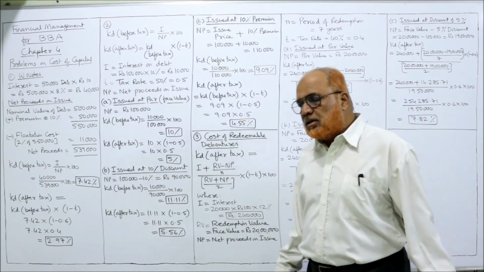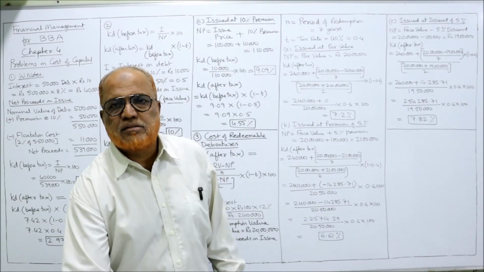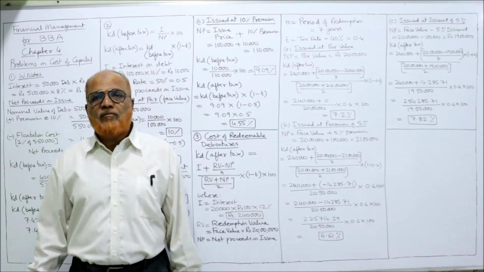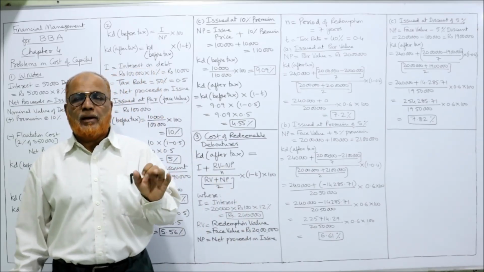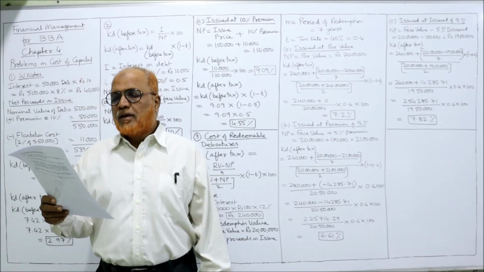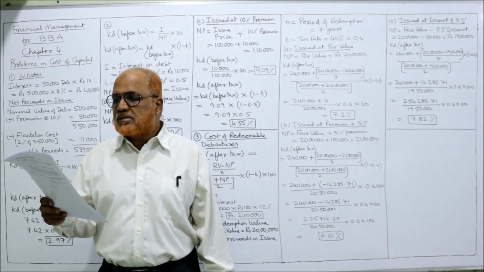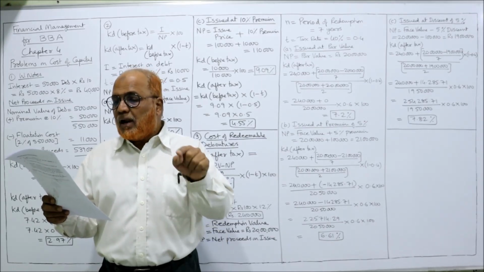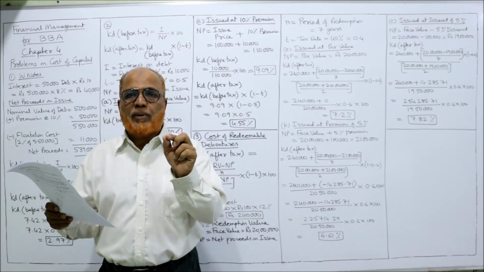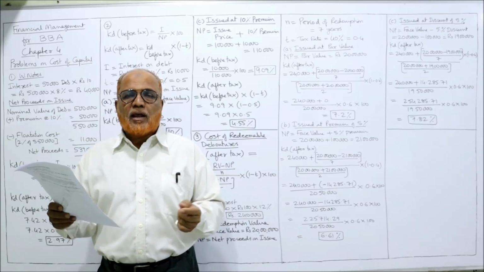Now next, third problem, we have redeemable debentures. That means a new formula we have to apply because the debentures are redeemable. See the third problem. B and C Limited has issued 20,000 12% debentures of 100 each, redeemable after 7 years. Remember, this point was not there in the previous two problems.